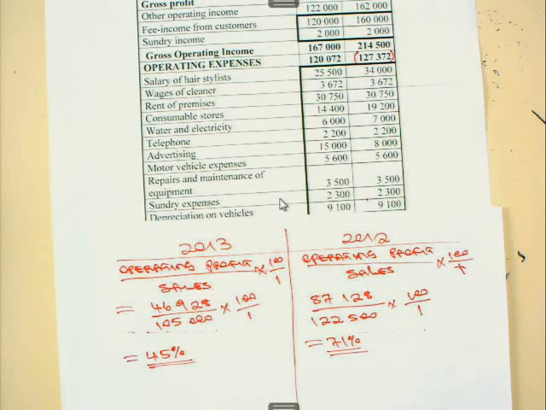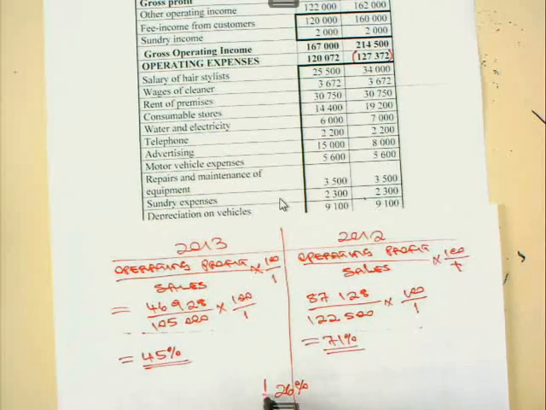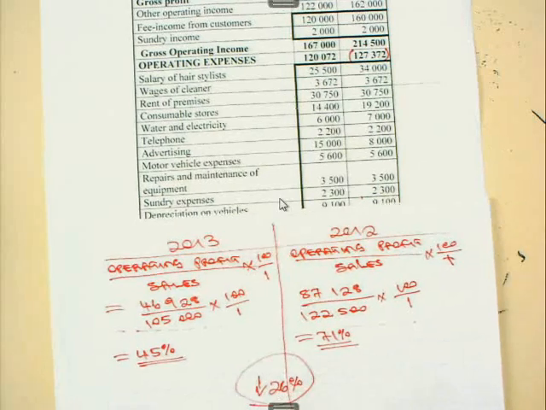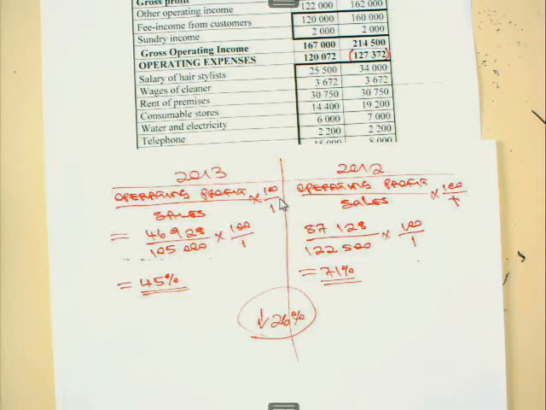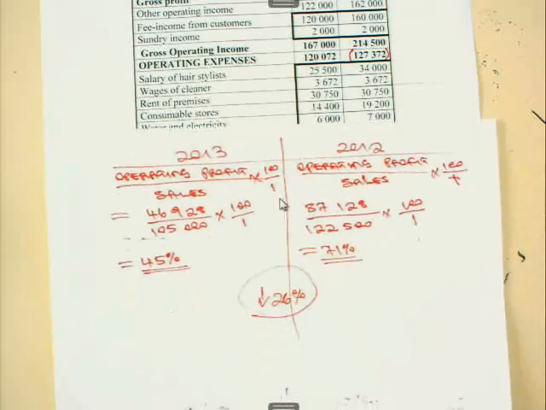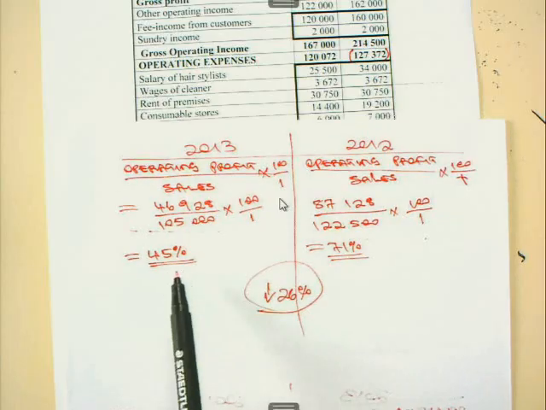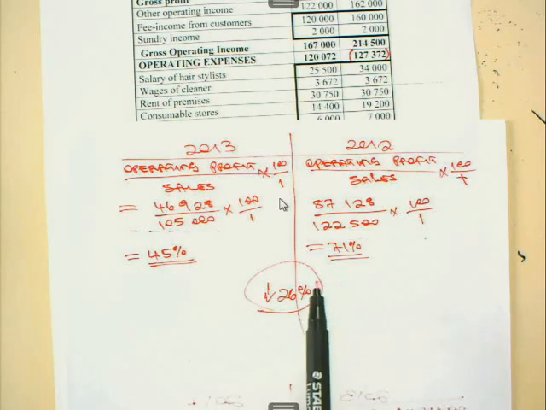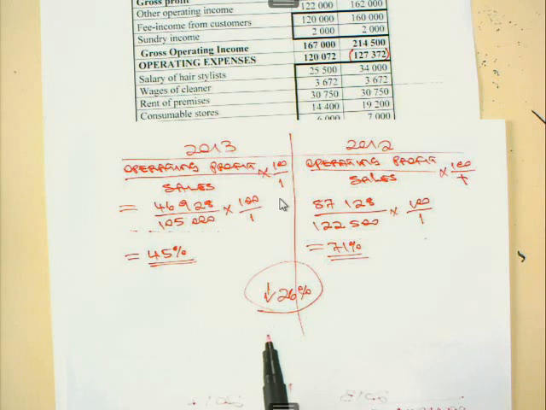Therefore, it has declined by 26% when we compare to the previous year. So whether it is as huge as it is in this activity or whether it's a slight decline, it's very important that learners, you should indicate whether it's a decline or whether it has increased, regardless of how slightly it has increased or decreased or declined.